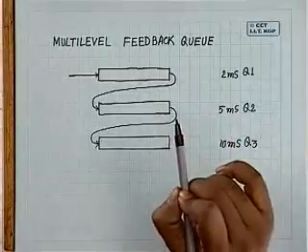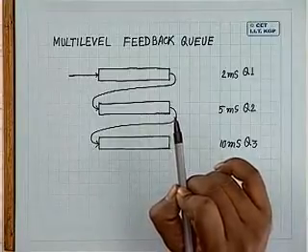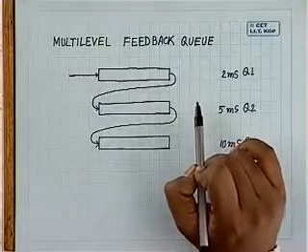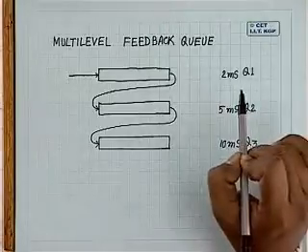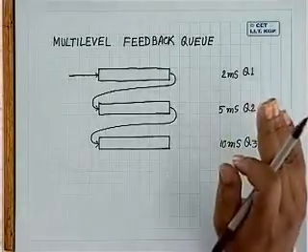So if the CPU burst of the job is less than 2 milliseconds, that means that the CPU burst of the job is complete before the timer interrupt comes. The 2 millisecond timer interrupt comes, the job remains in queue number 1. If the CPU burst of the job is greater than 2 milliseconds, that means even when the timer interrupt has occurred, the CPU burst of the job was not complete.